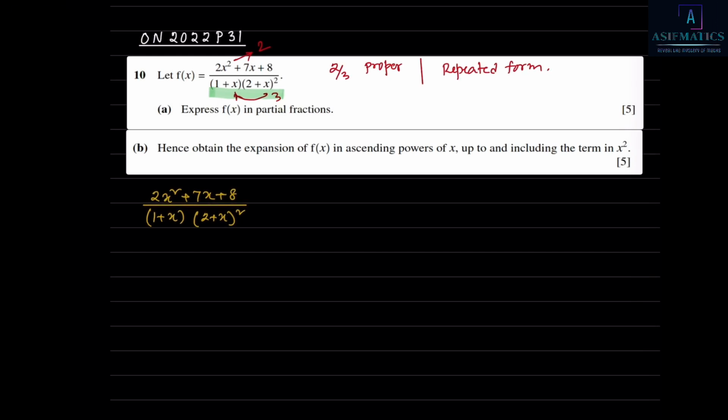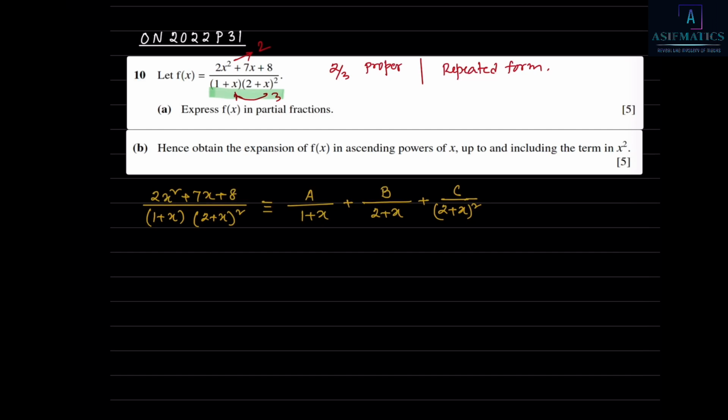So in the partial fraction formula, when we start writing, this will be equivalent to a by 1 plus x plus b by 2 plus x plus c by (2 plus x) squared.